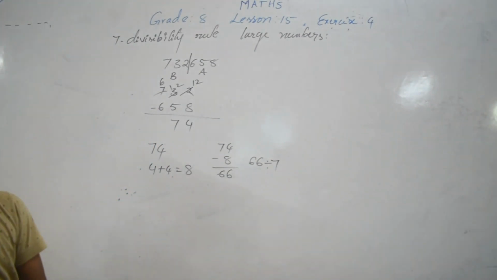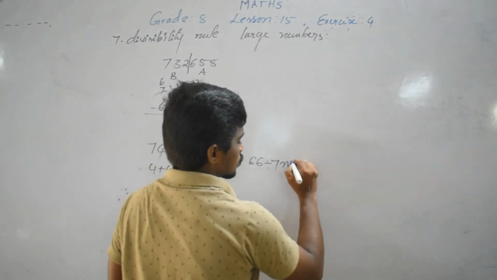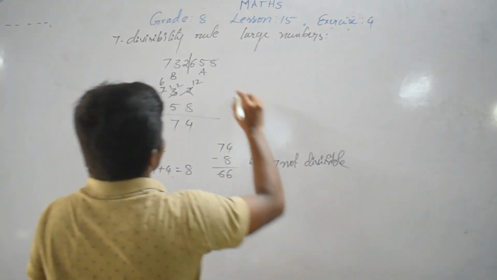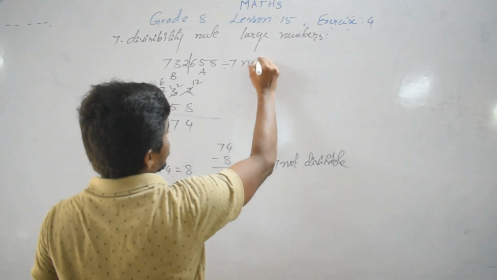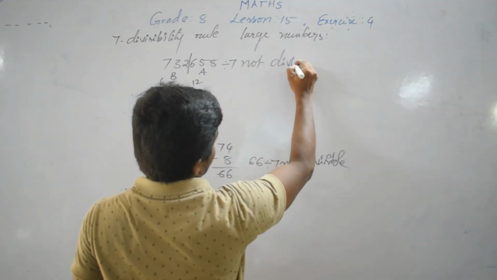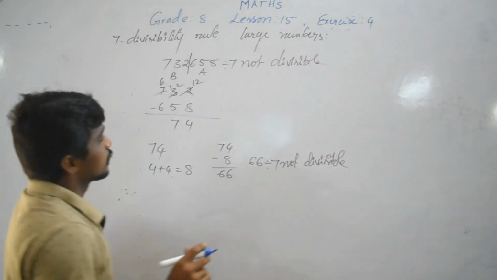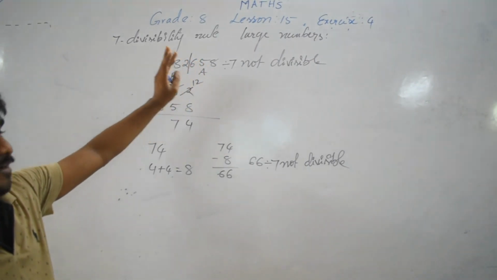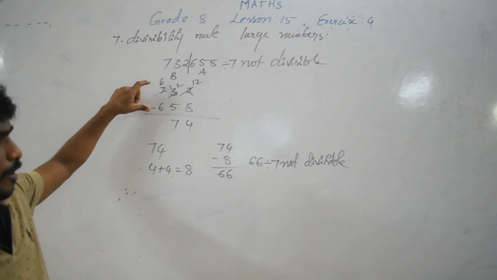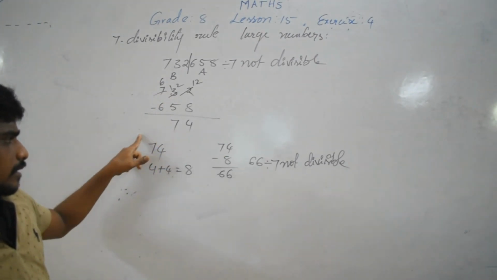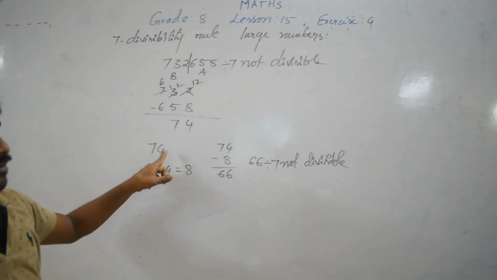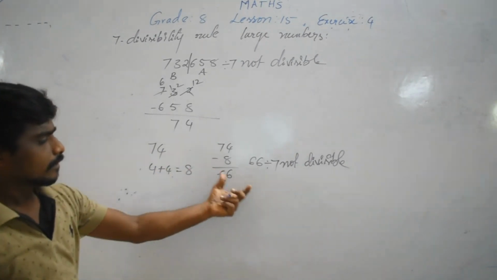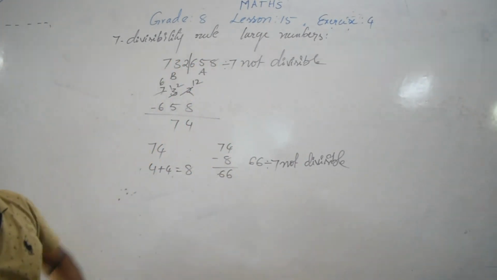Not divisible. So this number is not divisible by 7. Clear? Here we take 3 digits from the right as one group, subtract the two groups, and then apply the 7 divisibility rule to the difference. So not divisible.